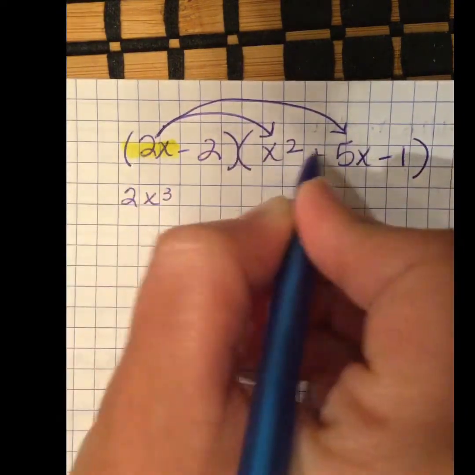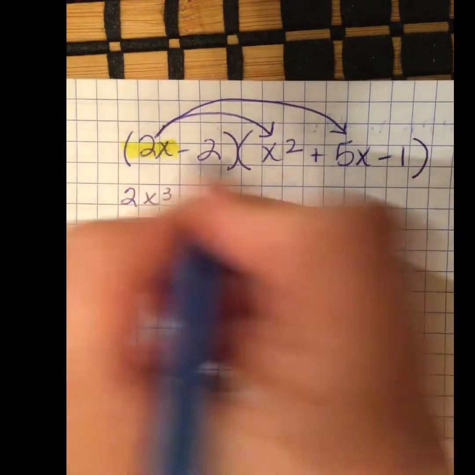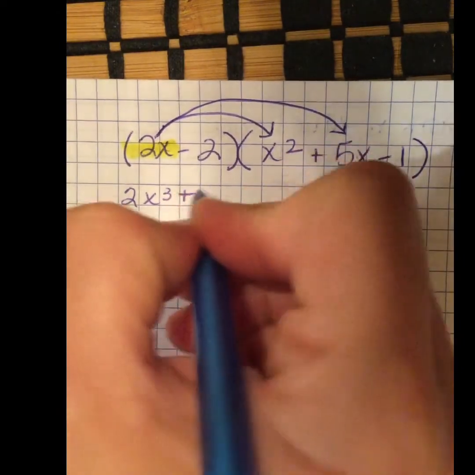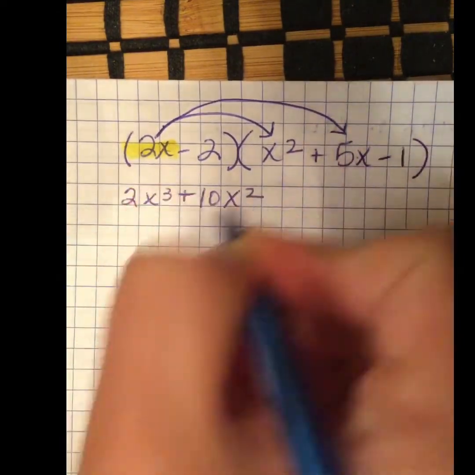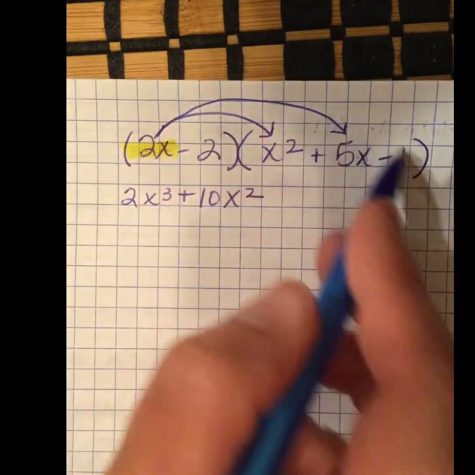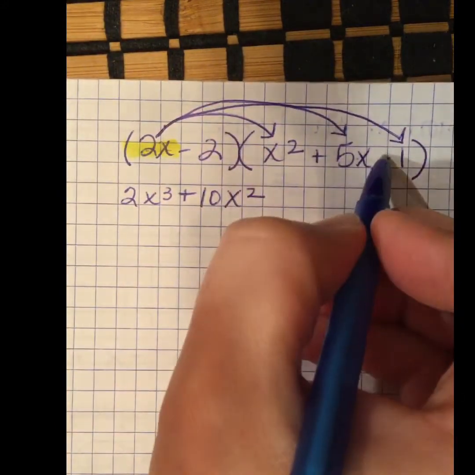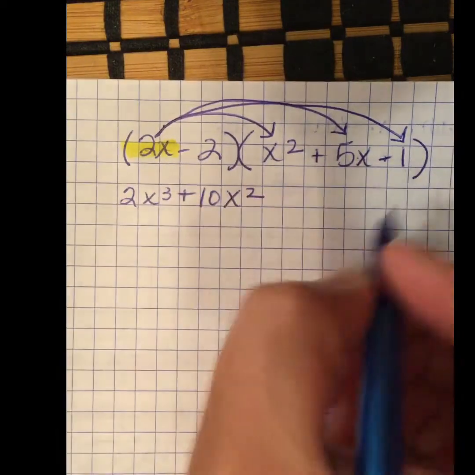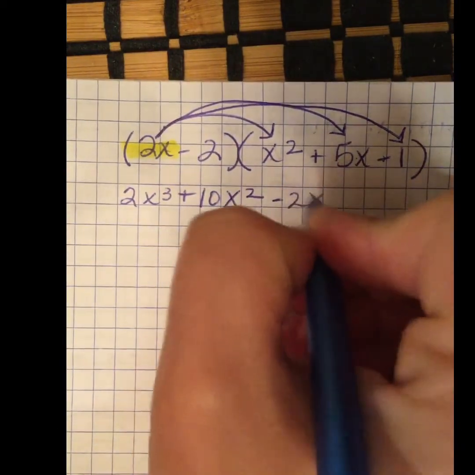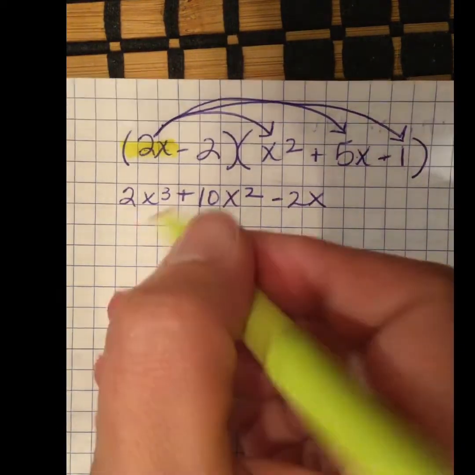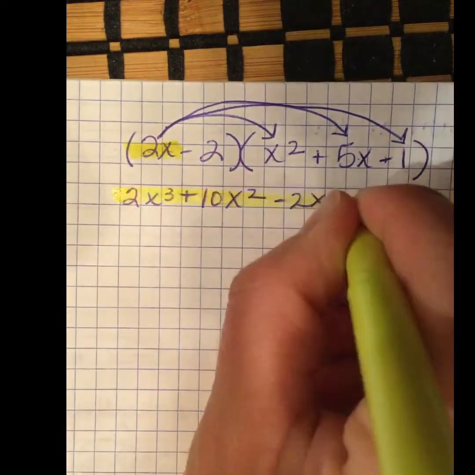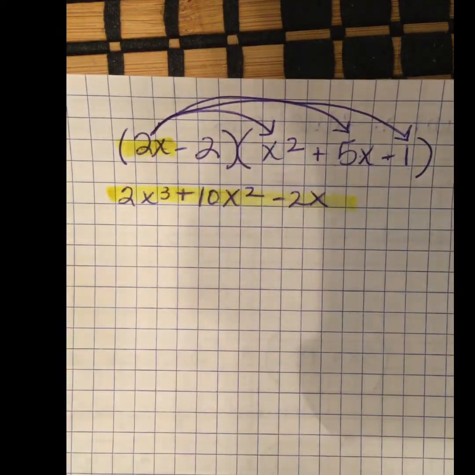That would be 10x squared. Then we're going to do the 2x times the negative 1, which would be negative 2x. Okay, so all of this is a result of the 2x.